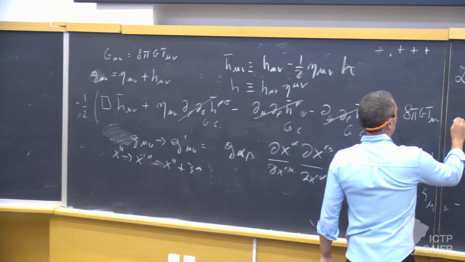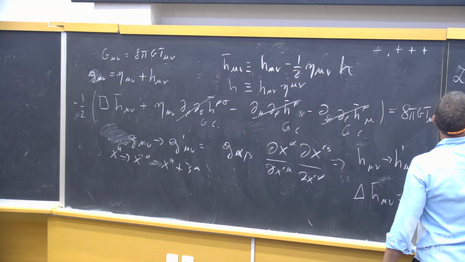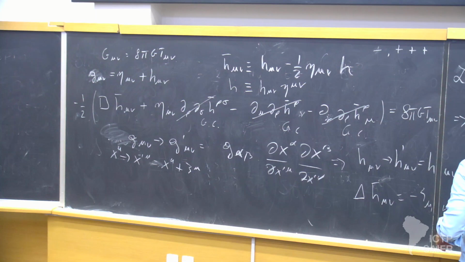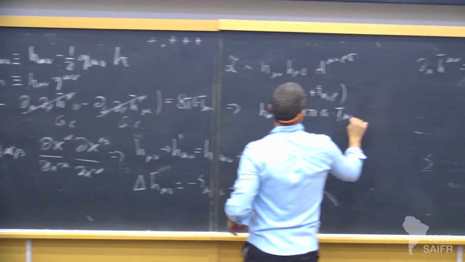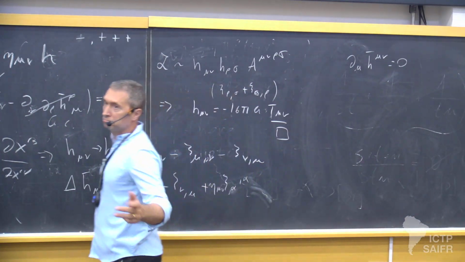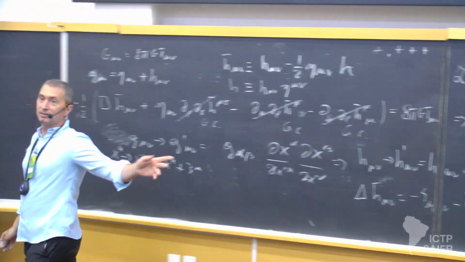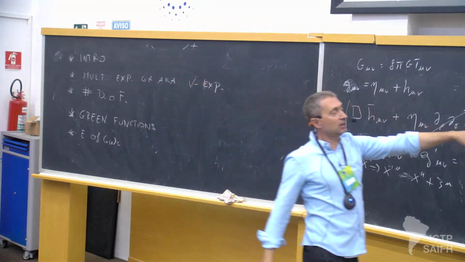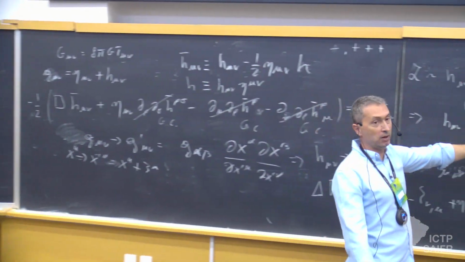The solution to this is h mu nu, the minus 1/2, I bring it to the other side, 16 pi G T mu nu divided by box. Okay, I put the box on the other side, I'm fine. You accept this, come on. I go to Fourier space, this is just k squared, and I put it there.